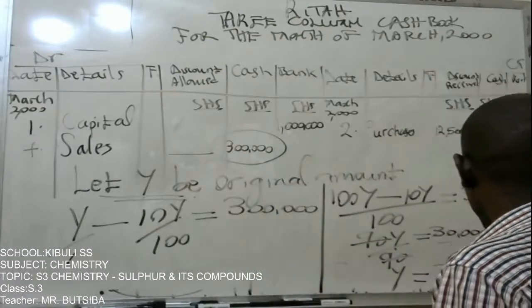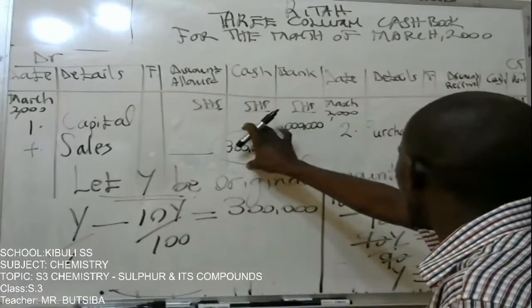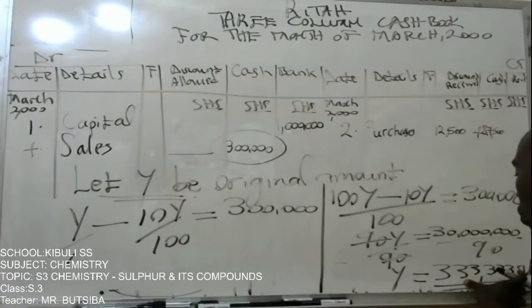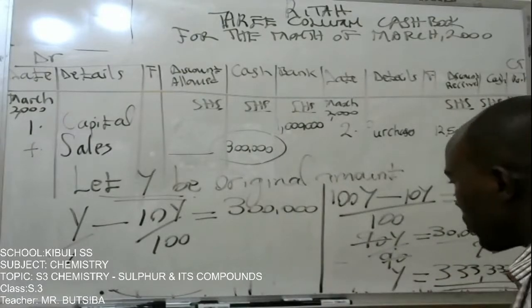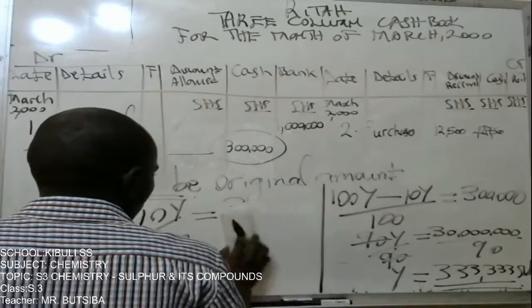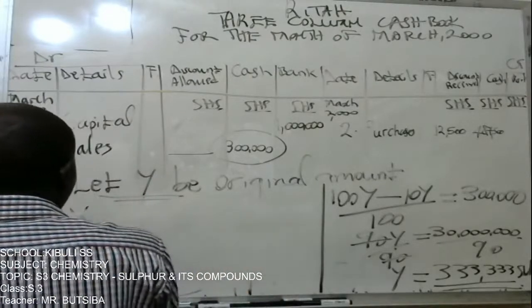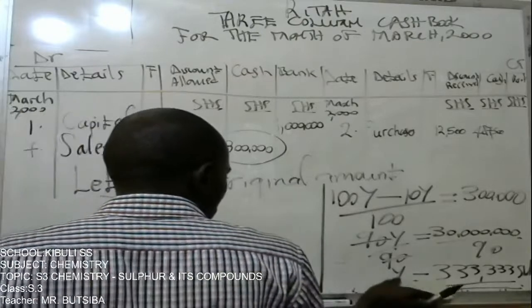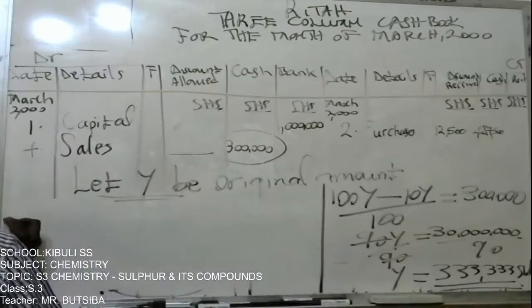So you're going to subtract the amount received from the original. So now you can come and say, therefore, discount value or discount allowed.